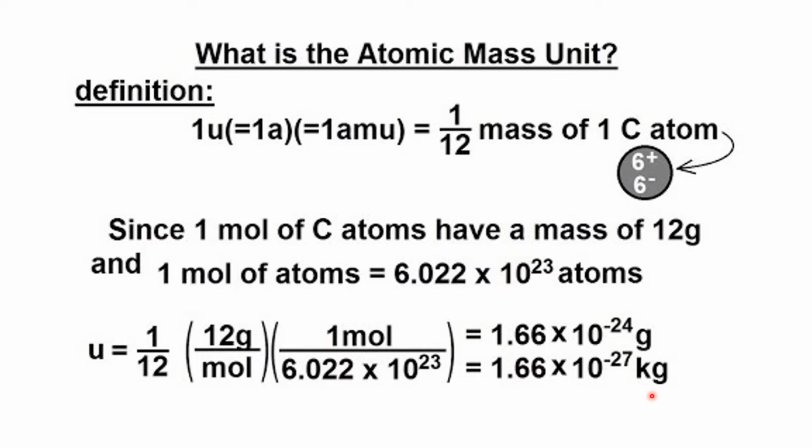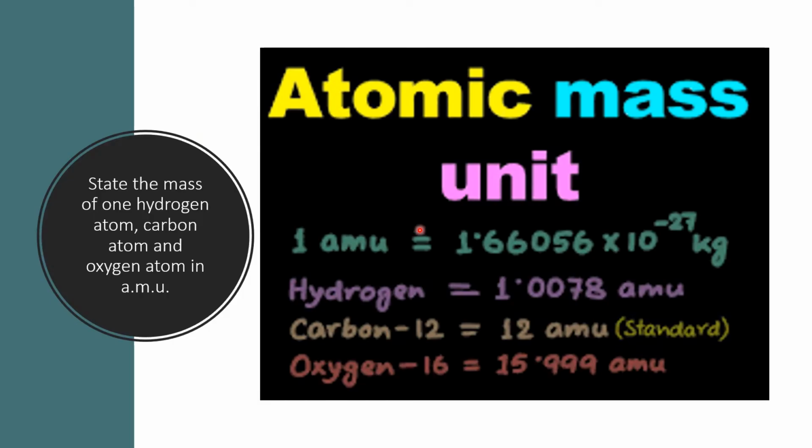In other words, AMU is just another unit for mass. Now, please state the mass of one hydrogen atom, one carbon atom, and also one oxygen atom in AMU units. For example, the hydrogen atom has a mass of 1.0078 AMU.